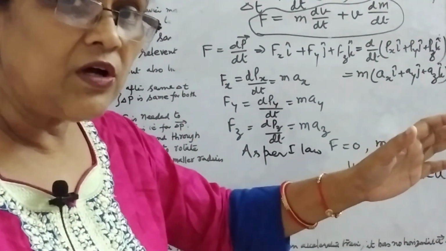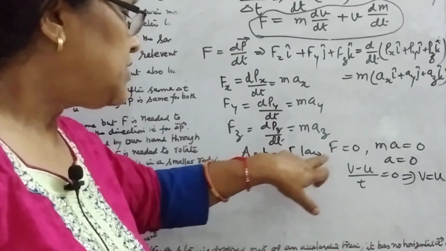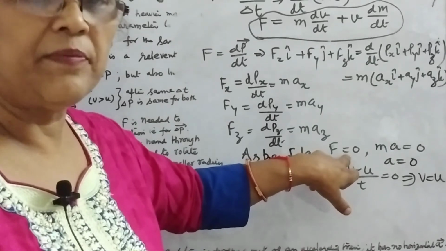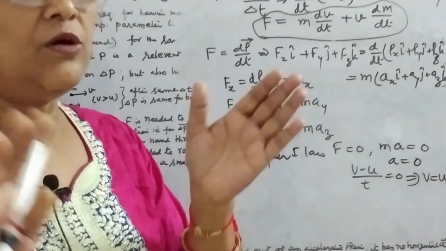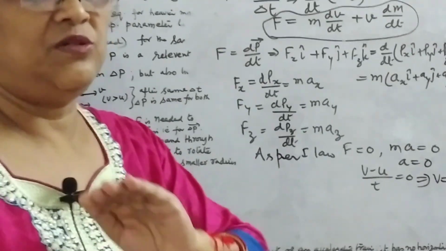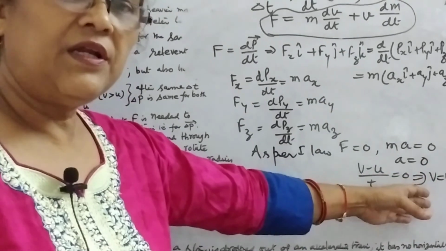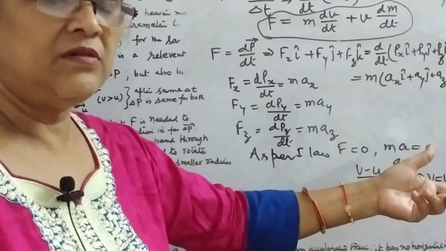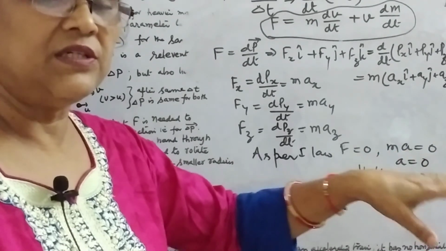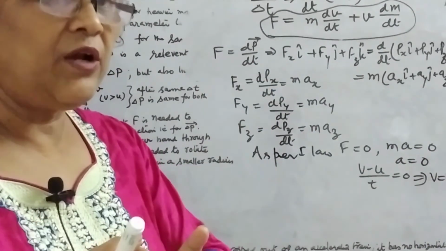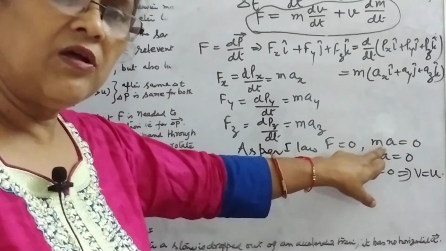So what is the first law? As per the first law, if the external force applied on an object is 0, then the object will not change its state of rest or uniform motion. Same is here. How have we shown that it is consistent with the first law? As per the second law, if mass is constant, we can write F equal to ma.